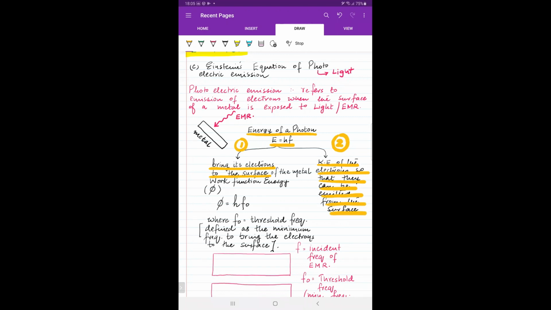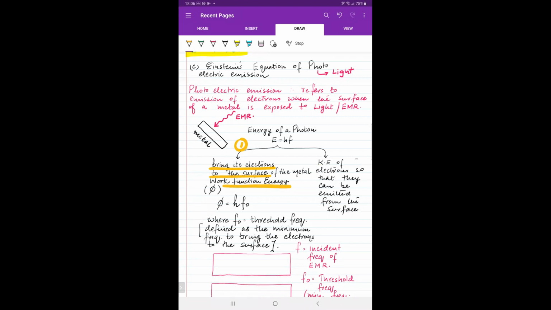Okay, so he concluded that the energy of the incoming photon, E is equal to HF, is actually going to be used up by the metal to serve two purposes. One portion of that energy, which he later on referred to by a special name known as the work function energy.